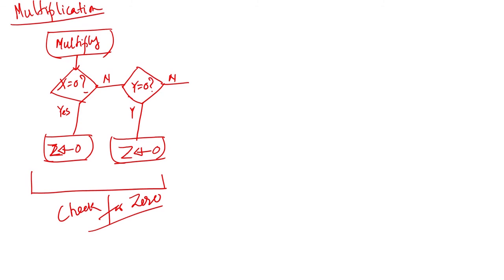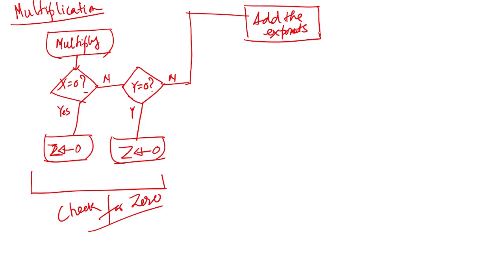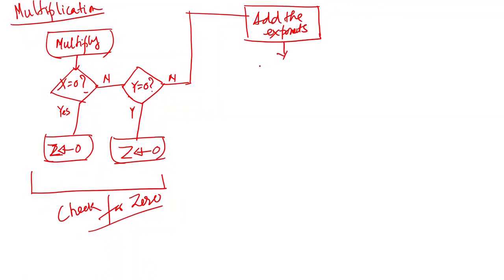First, the easiest is we add the exponents. Then that means if we add, we added the bias twice. So, then we have to subtract the bias.